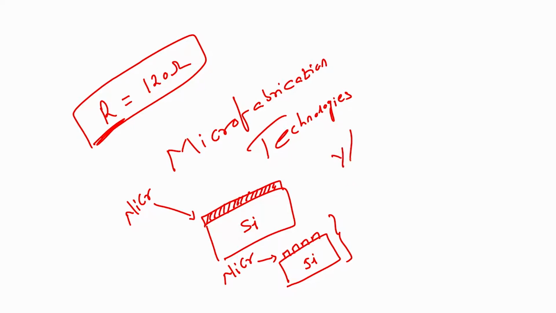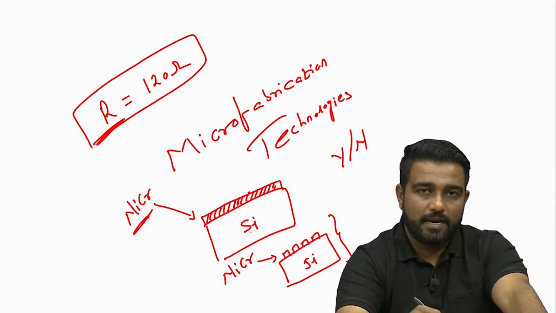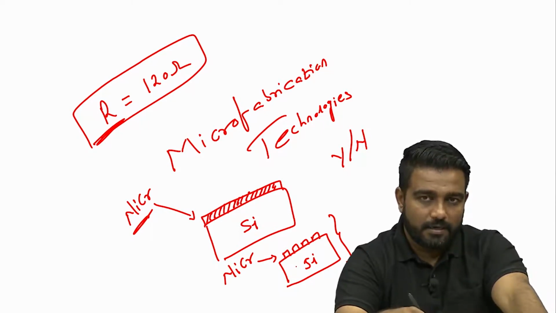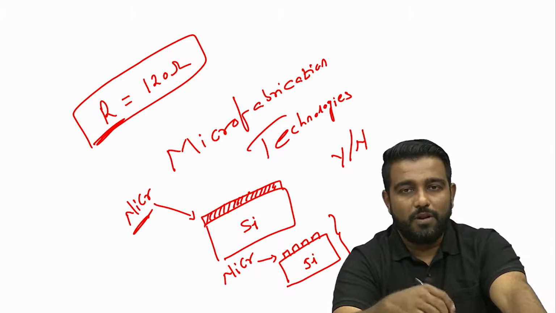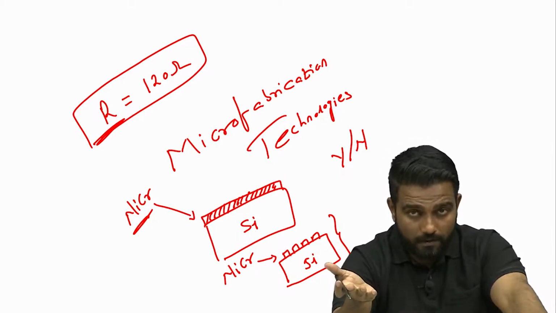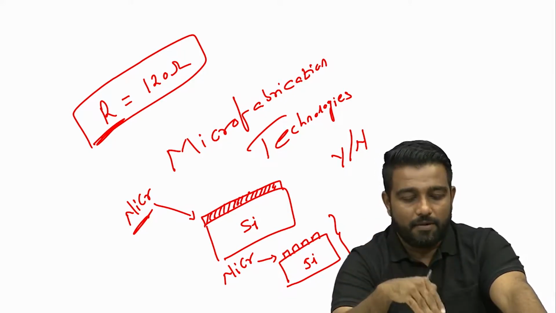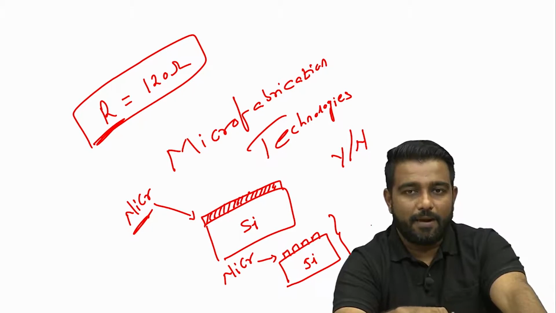Yes or no? If I directly deposit a metal on a semiconductor and I fabricate a heater, will it work properly or not? What is the answer? No, right. We require an insulating material between the silicon wafer and the metal, since silicon is a semiconductor.